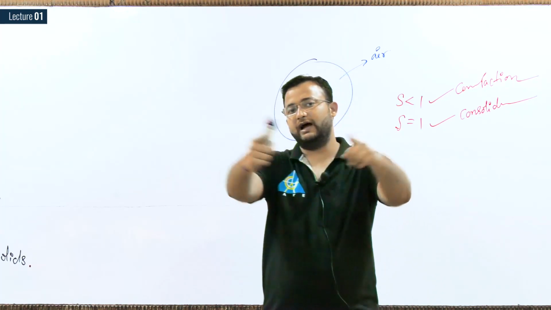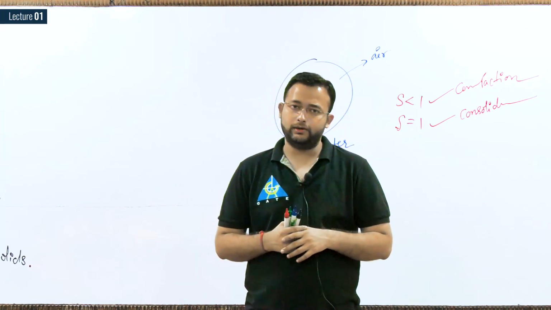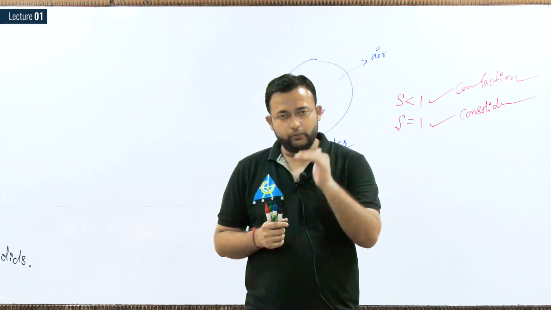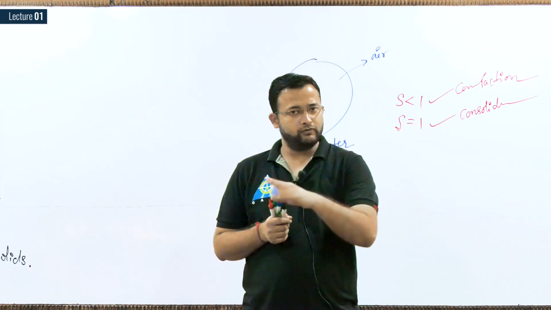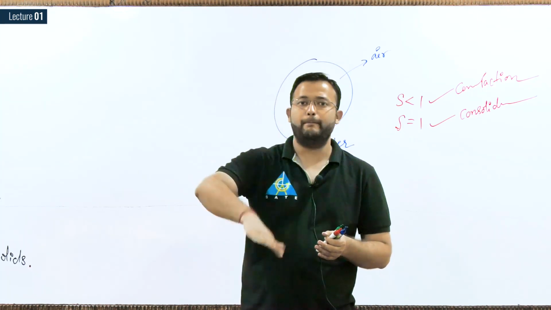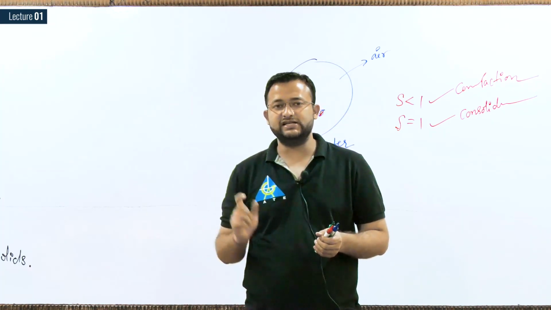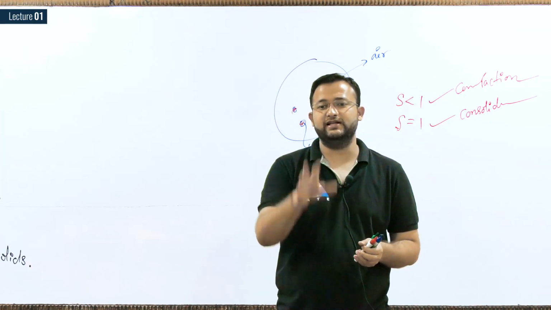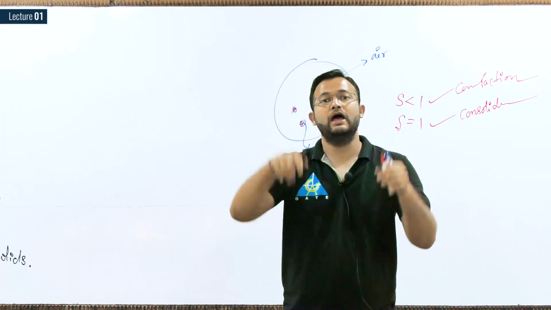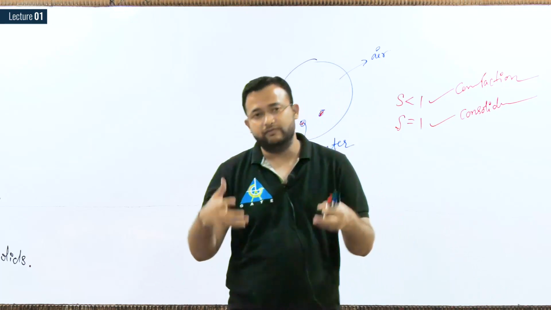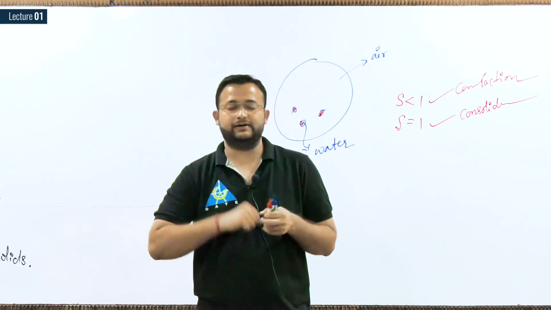So suppose I have purchased one plot, I am going to construct one building. Before construction I have compacted my soil, I have applied load at each and every corner, every edge, every location of my plot. I have compacted the soil with some hammer, with some weight.